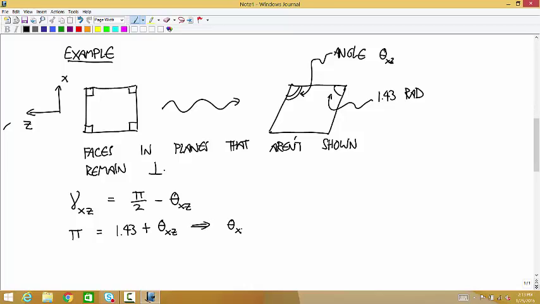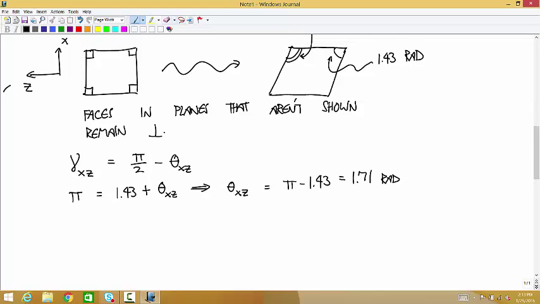So theta xz is equal to pi minus 1.43, which is 1.71 radians. And so shear strain xz is equal to pi over 2 minus 1.71, which is negative 0.1392.